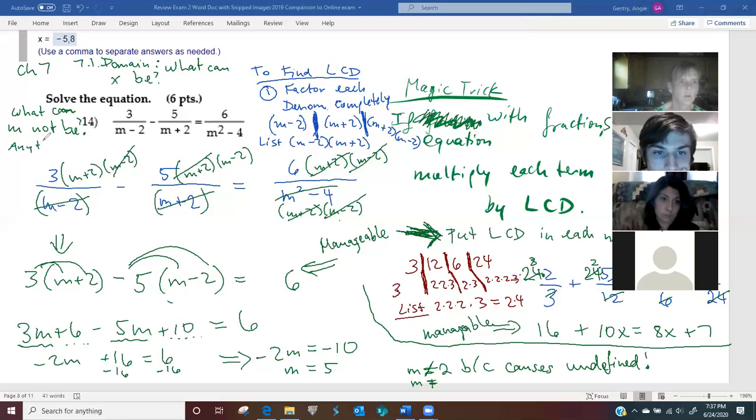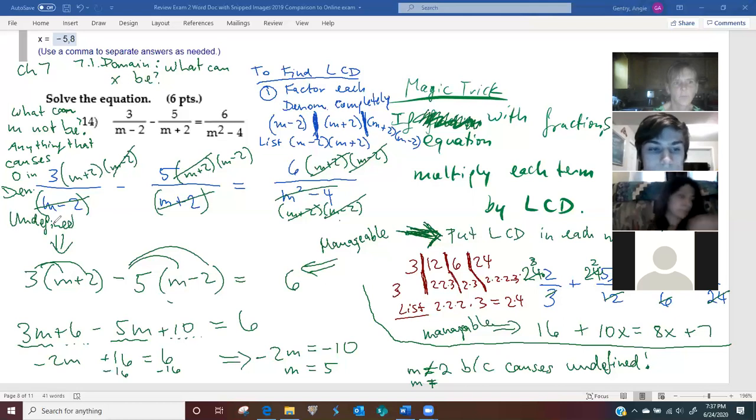Anything that causes, not a 0 itself, but anything that causes a 0 in the denominator, because guess what? Isn't that then undefined? And undefined is not allowed. You see? So this is a total disaster, this whole page. It could also not be negative 2. Very good. I wanted you to come up with that.